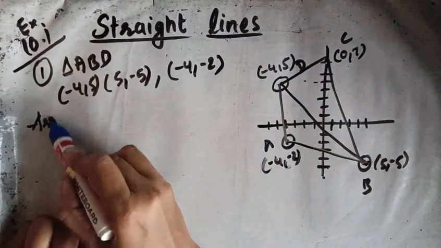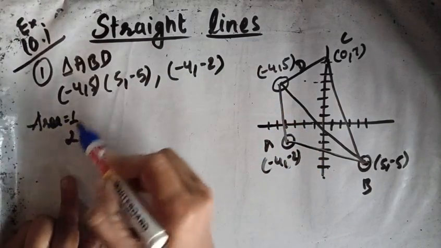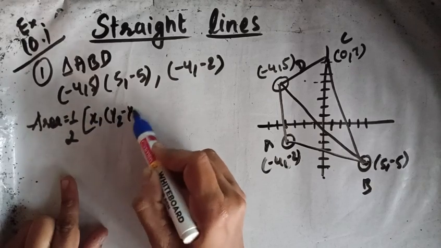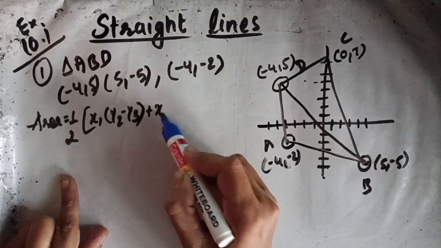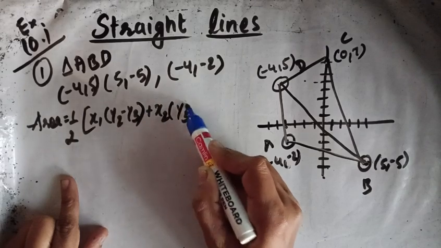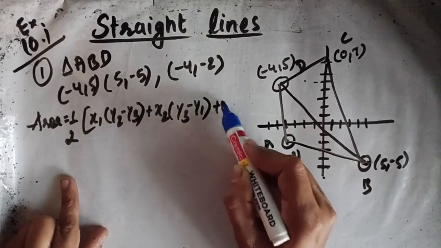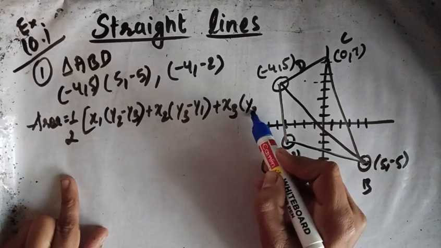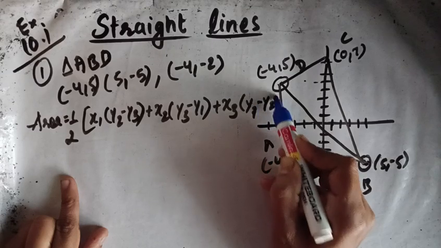So the area of a triangle formula is half of x1 times (y2 minus y3), plus x2 times (y3 minus y1), plus x3 times (y1 minus y2).